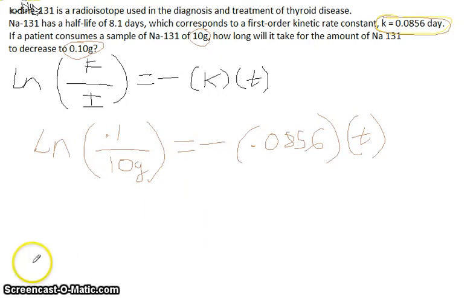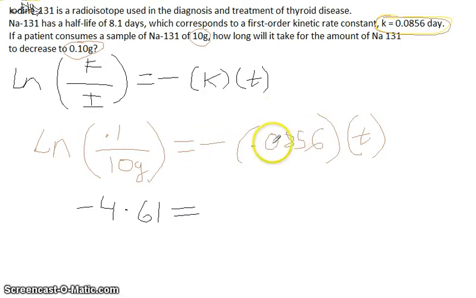First of all, what we need to do is find the numerical value of both sides. So using our scientific calculator, let's find the natural log of 0.1 divided by 10 grams. That is equal to negative 4.61. Let's multiply the right side of the equation.